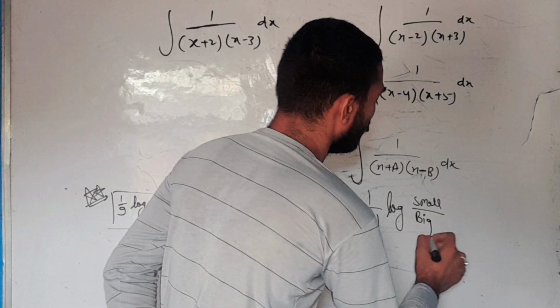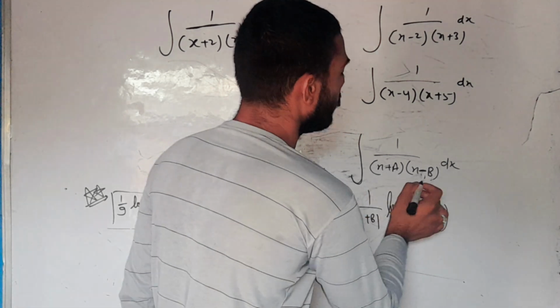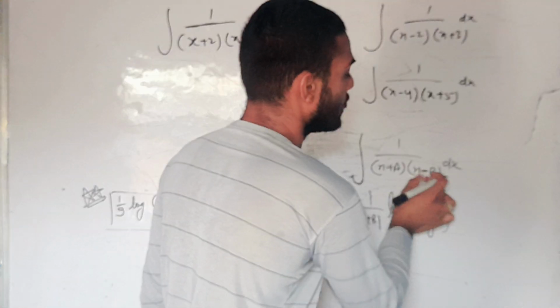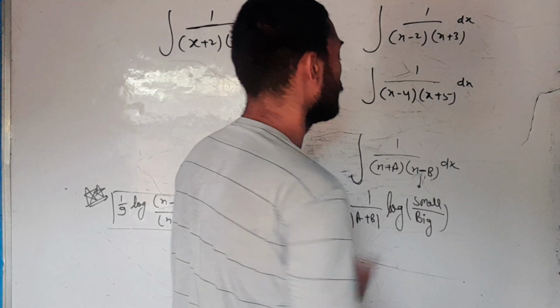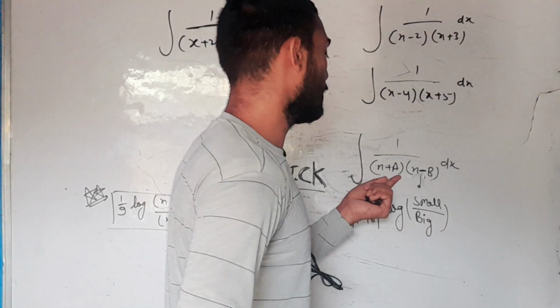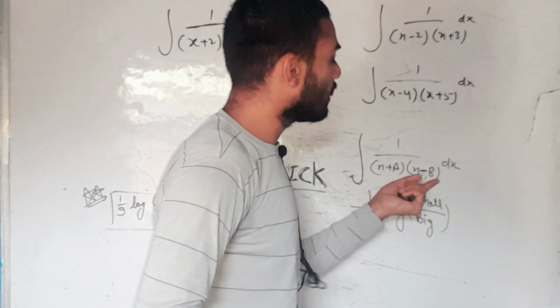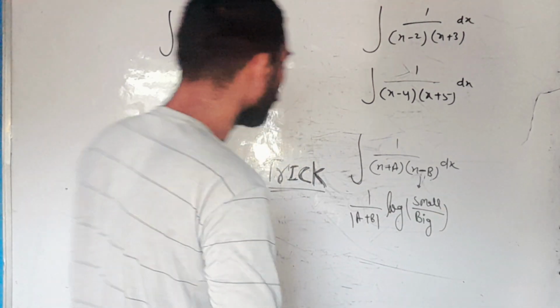The small value is x minus b, because x minus b is smaller than x plus a: in one x is increased by a, in the other x is decreased by b.